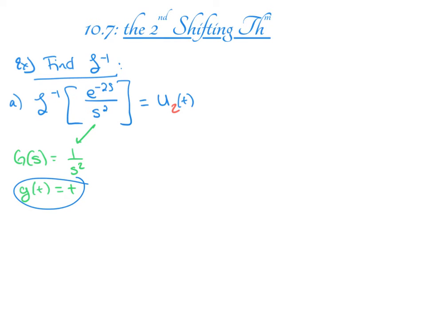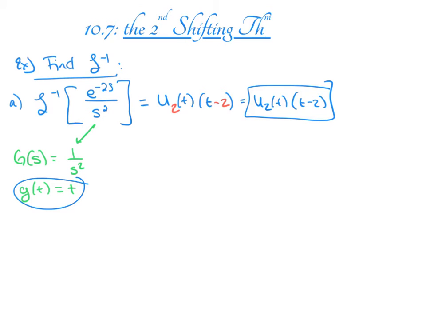I want t, but I have to show that it had a shift of 2 in it. Because remember, when we did the shifting theorem problems just a minute ago, we took the Laplace transform of just the original function and we didn't include the shift. We allowed the e to the negative 2s to include the shift. So now going backwards, we have to reflect that. So writing this only in one color, this is u sub 2 of t times t minus 2.